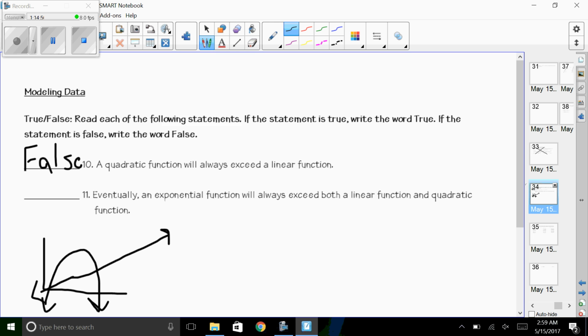Eventually, an exponential function would always exceed both a linear and quadratic function. We'll say yes. So it's going like that.